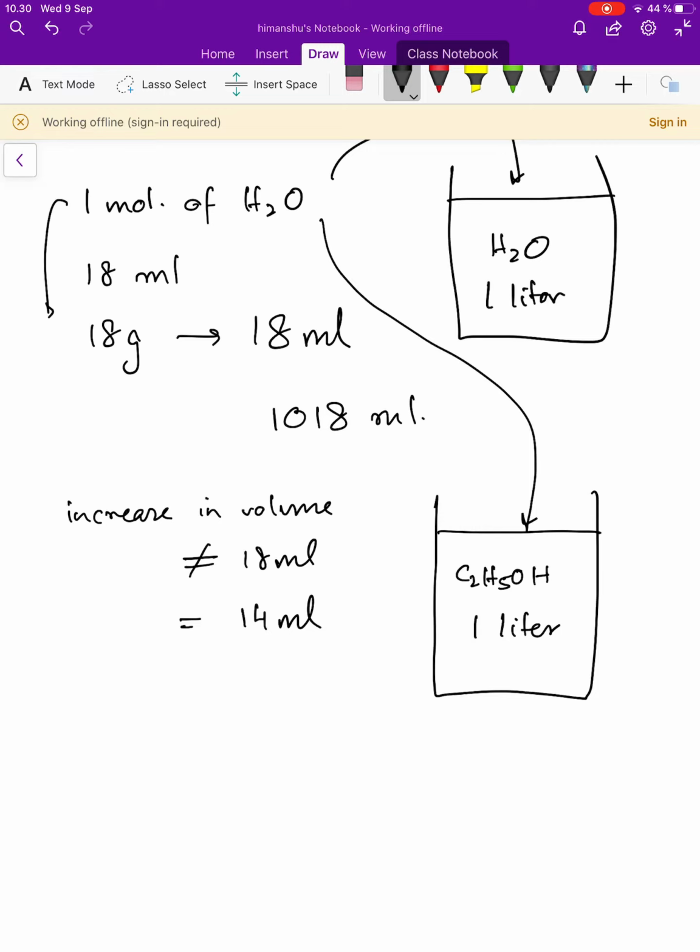The reason this occurs is that small quantities of water, in this case, will be surrounded by large quantities of mainly ethanol, and this changes the behavior of water inside ethanol.